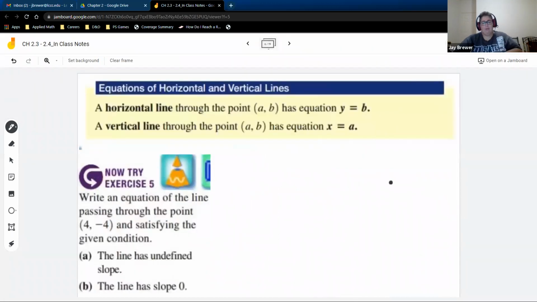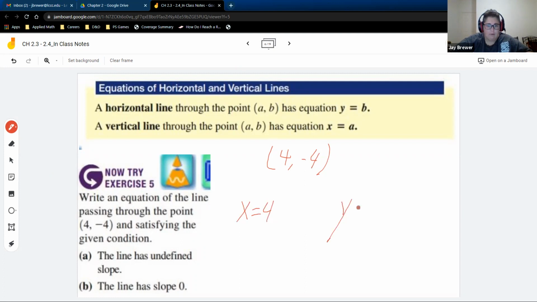Okay. So example 5. Write an equation of a line passing through the point 4, -4, and satisfying the given condition. So this one is a lot nicer compared to the last one. If we're looking at these 2 points, we have 4 and -4. Our x component is x equals 4.